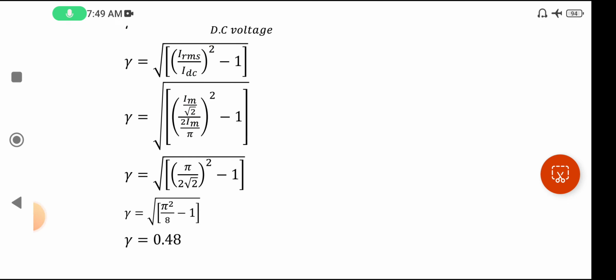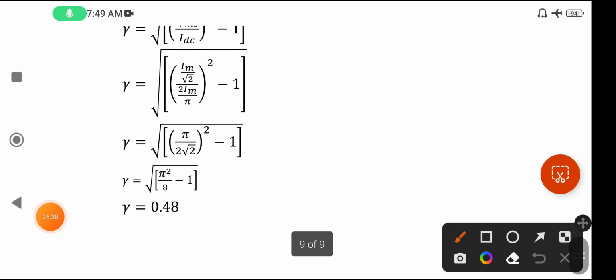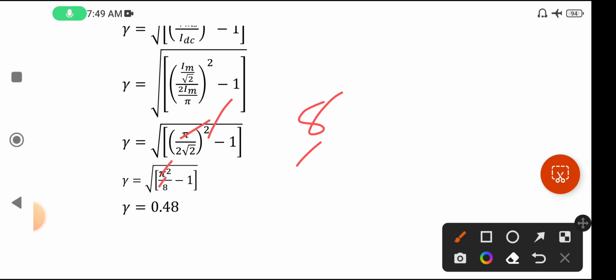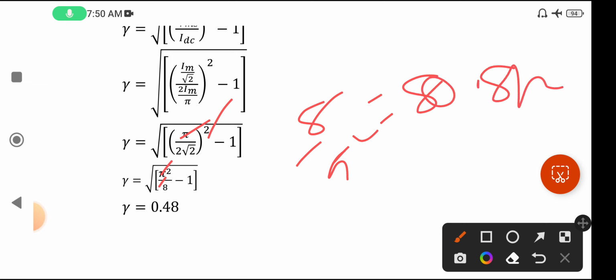After cancelling, we get this equation, and next if you apply the square, it is pi square by 8. I already told you 8 by pi square is 0.812.